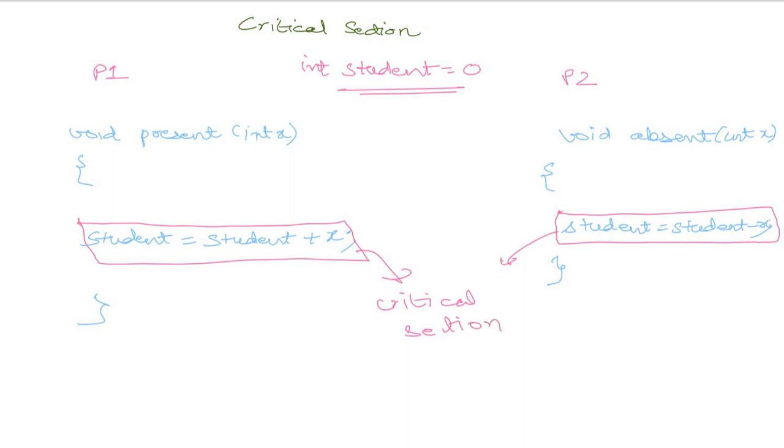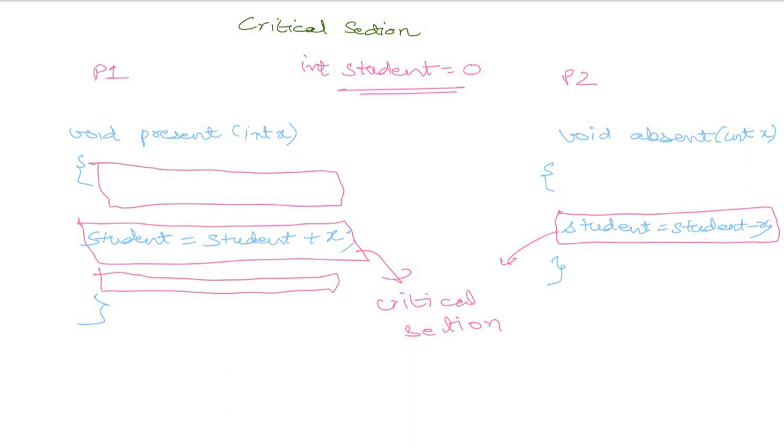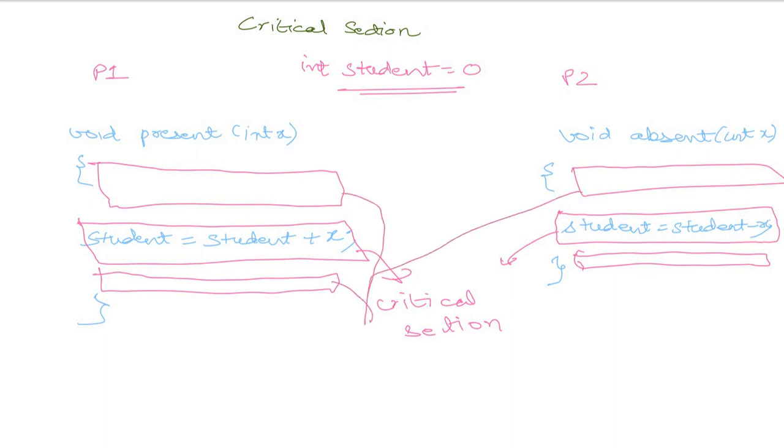The remaining part of the code that's not in the critical section is known as the non-critical section.